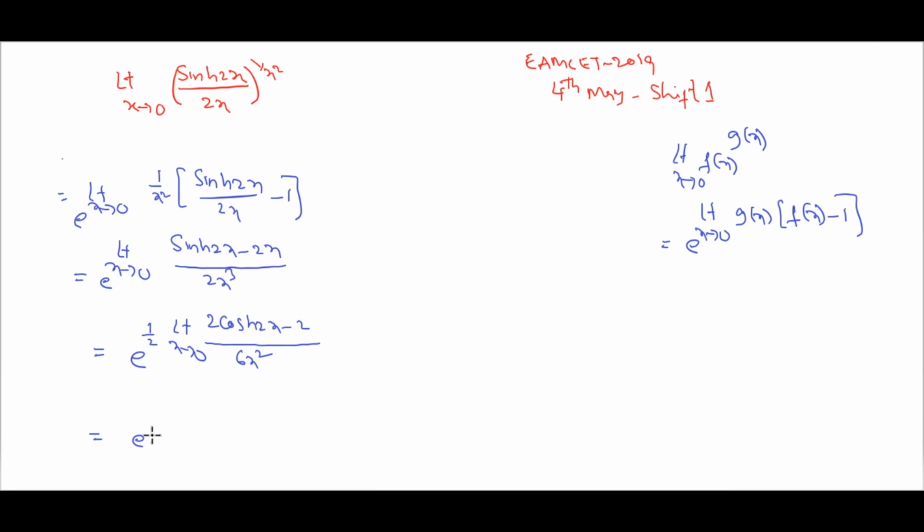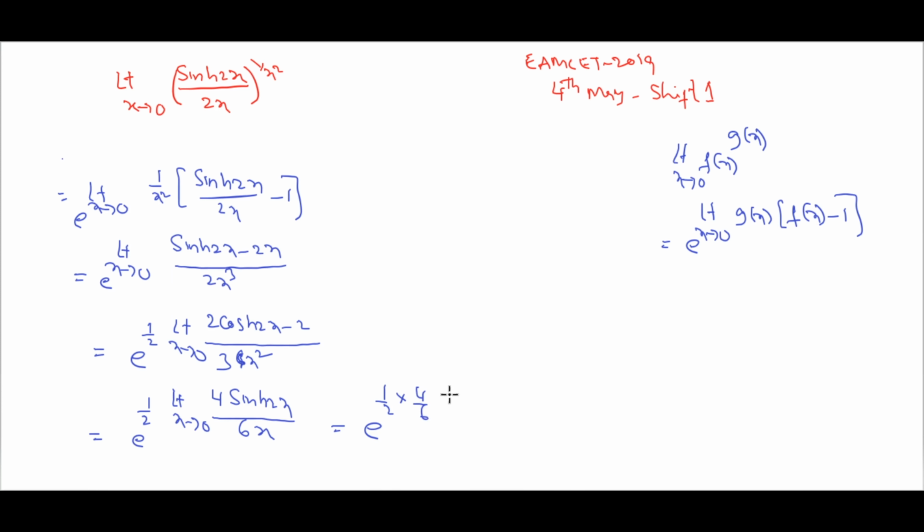Again applying L'Hospital rule, e to the power of 1/2 times limit x tends to 0, the derivative of 2 cosh 2x minus 2 is 4 sinh 2x, over the derivative of 6x², which is 12x... that is equal to e to the power of 1/2 times 4/6, a constant.